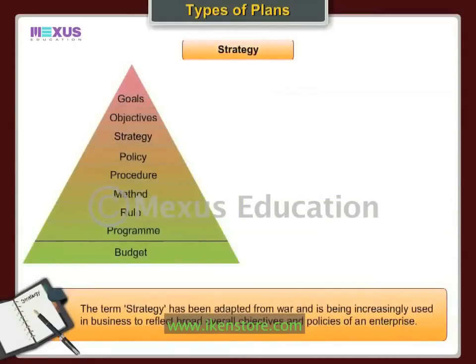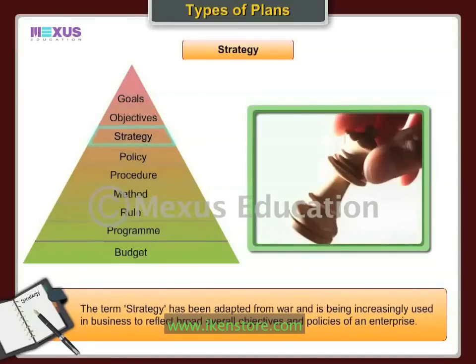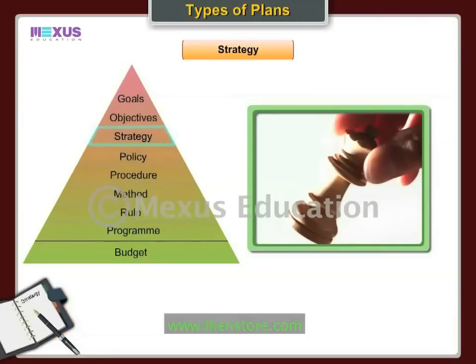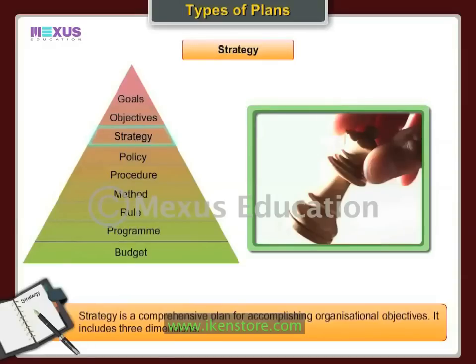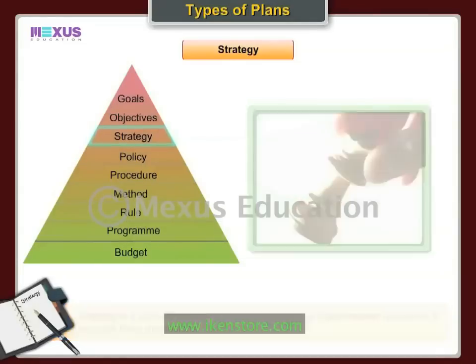Strategy. The term strategy has been adapted from war and is being increasingly used in business to reflect broad overall objectives and policies of an enterprise. Thus we can say, a strategy is a comprehensive plan for accomplishing organizational objectives. Strategy includes three dimensions.